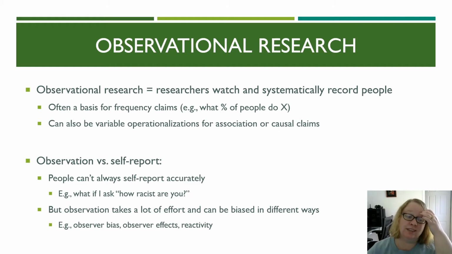And those are the three things that you read about in the chapter: observer bias, observer effects, and reactivity. These three things are all potential threats when we're doing observational research, whether it's an observational study design or an observational measurement for a variable in an association or causal claim, whatever it is. We always have to be worried about these three potential threats to the construct validity of our observational measures. So let's talk about these in a little more detail.